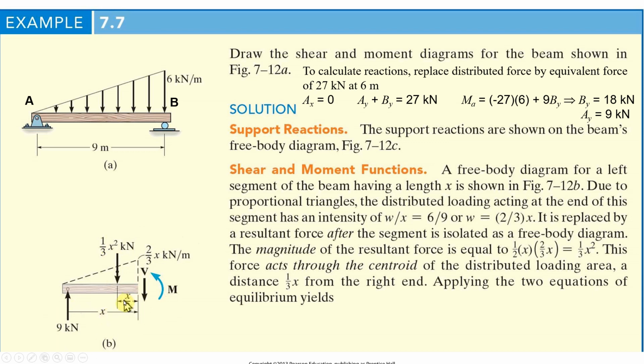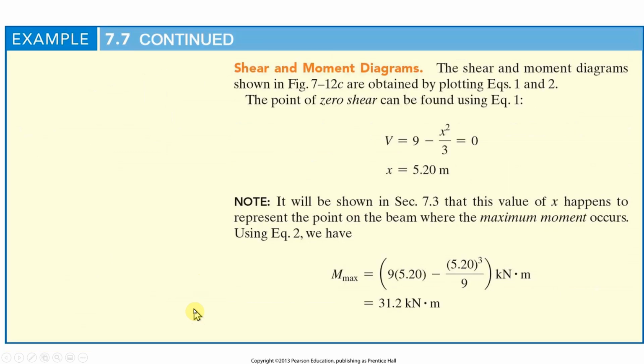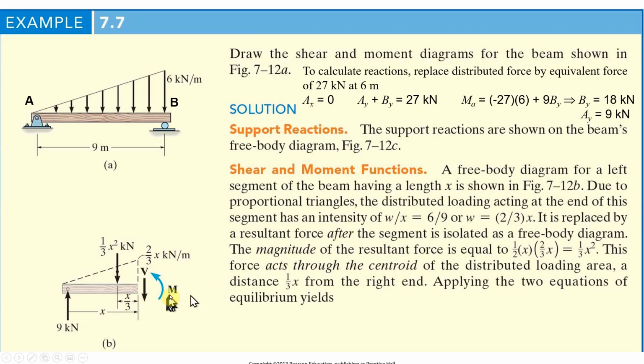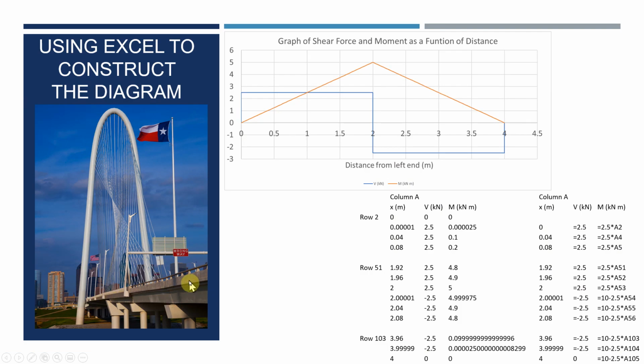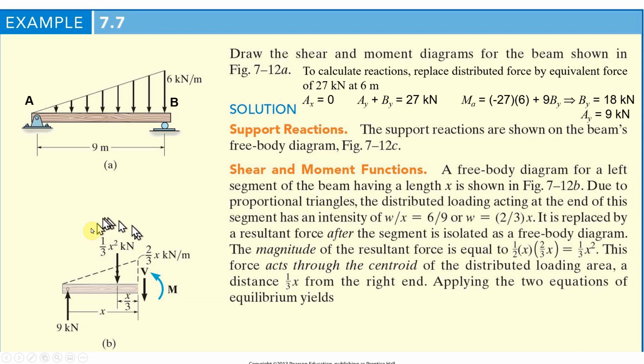So the sum of these three, you got to solve the equations. There we go. The shear force is going to equal 9 minus x squared over 3. Let's see if that makes sense. There's the x squared over 3 right here. The shear force is 9 minus this minus V is going to equal 0.